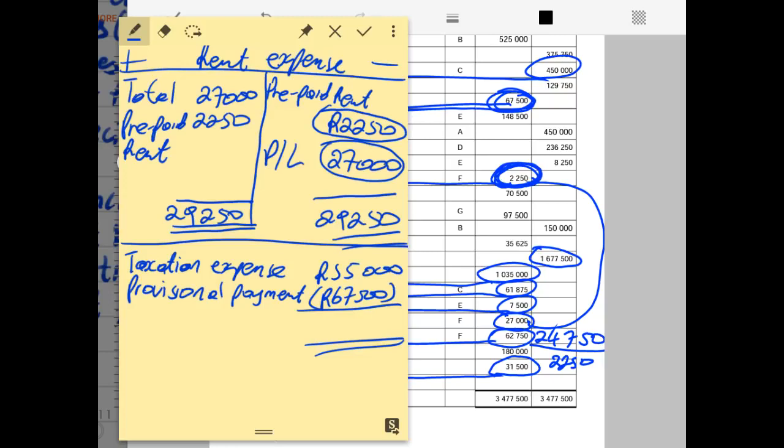That gave us 12,500. That will be tax receivable from SARS, because SARS will have to pay us back. That will be tax receivable from SARS, 12,500 rands. This is not a requirement but important to understand.